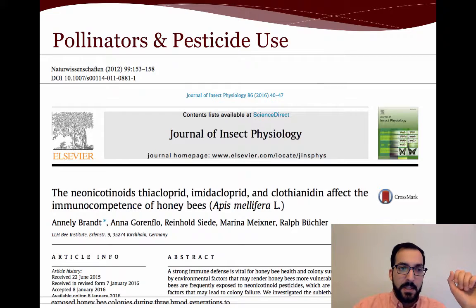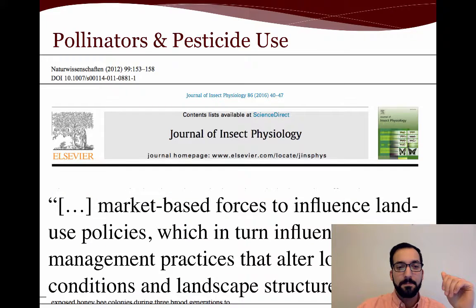There have also been some studies that show that neonicotinoids, as a class of insecticides, which includes thiacloprid, imidacloprid, and clothianidin, when used at field realistic rates, can actually impact the immune system of these honeybees. Again, that means that if this honeybee is exposed to pathogens and you've now also sprayed some kind of neonicotinoid, you might be really impacting pollinator health.